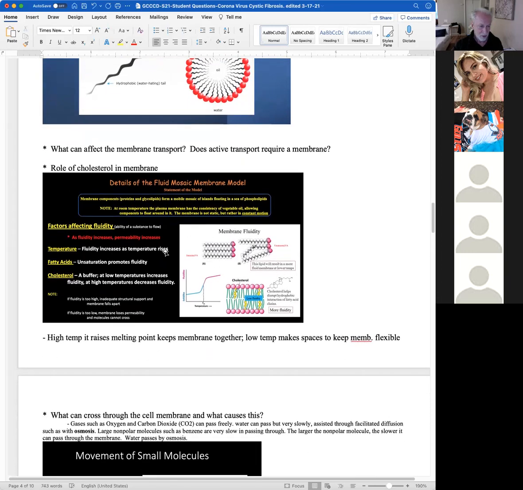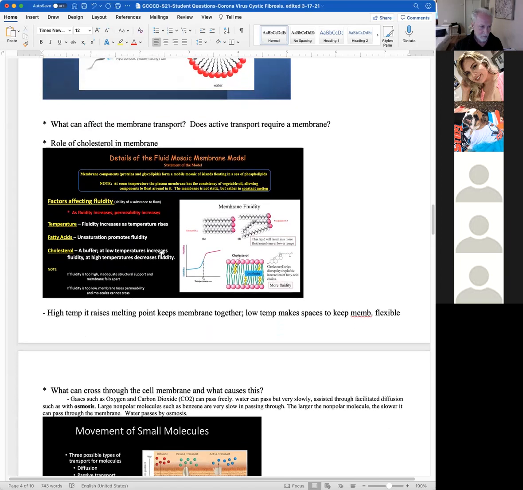And for that, I point you to this slide, details of the fluid mosaic model of a membrane. And listed here on the left are 3 factors that influence the fluidity of the membrane, and the fluidity determines how well things pass across it.